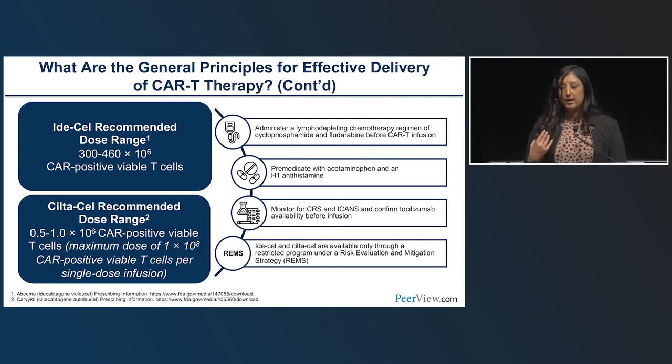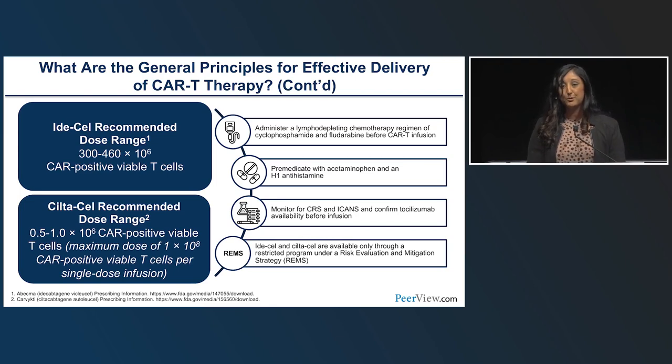And then further, again, these patients get a lymphodepletion chemo. So we talk about one and done, which is great, but they are getting some chemo beforehand to really help decrease those endogenous T cells that could otherwise kill off the CAR T. We do pre-medicate with acetaminophen and usually an H1 antihistamine to avoid other infusion reactions.